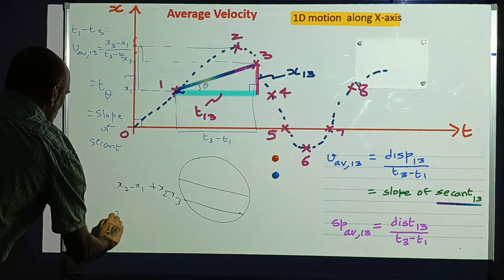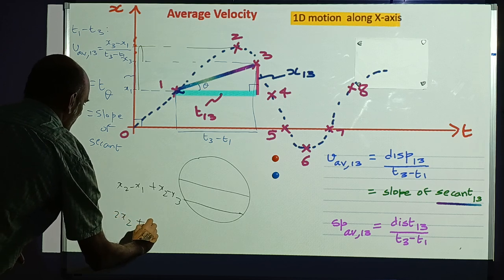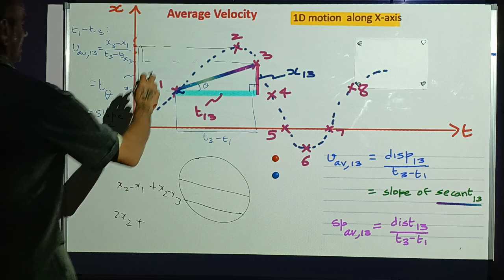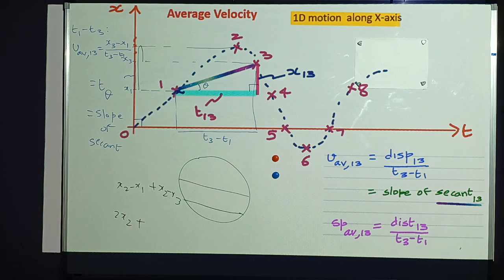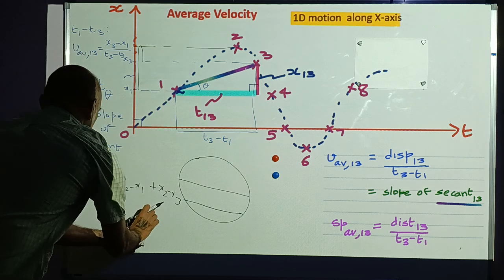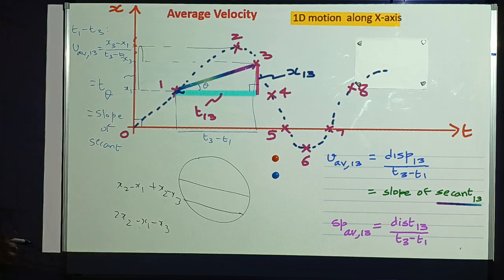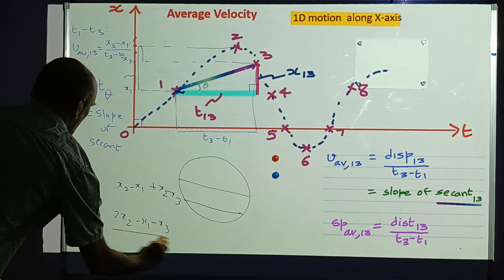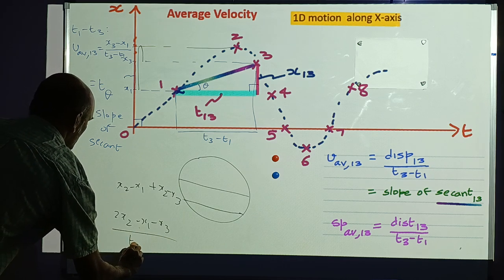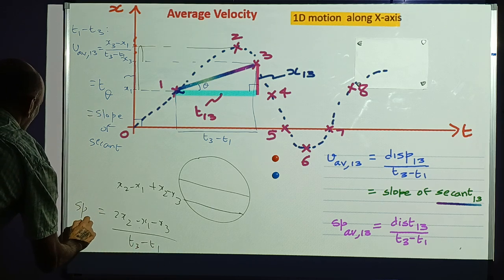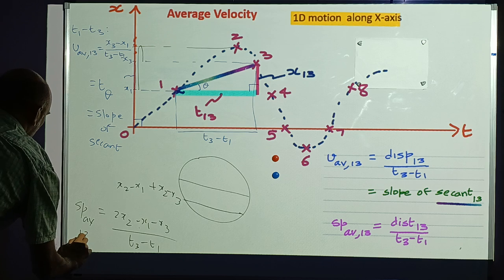So it is 2x2 minus x1 minus x3, which is different from this x3 minus x1. So this divided by the time interval t3 minus t1 is the average speed in the time interval 1 to 3.